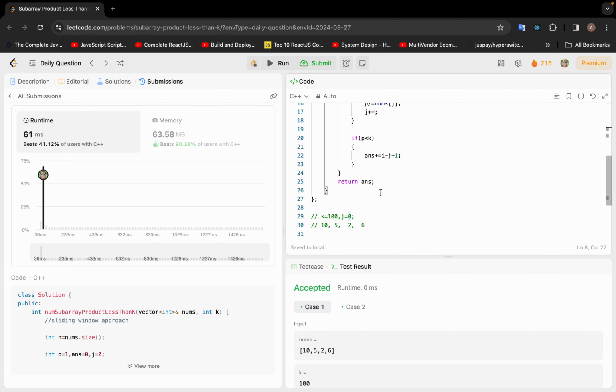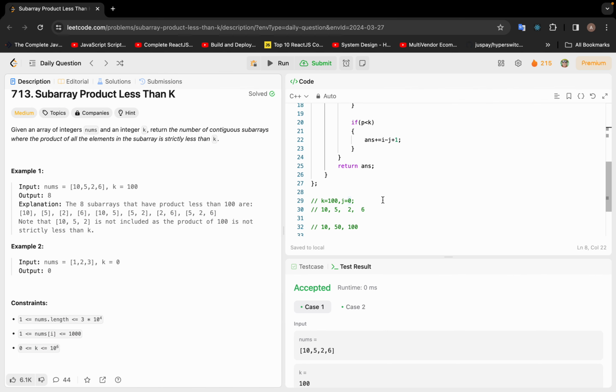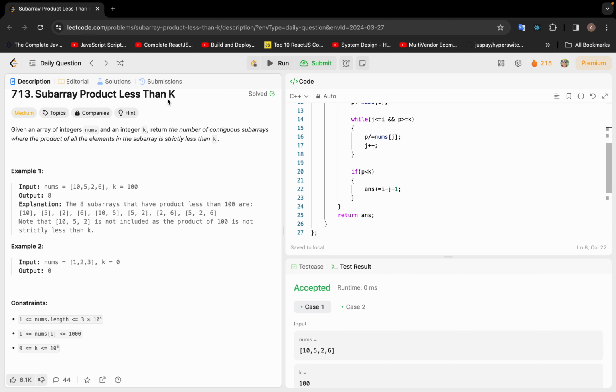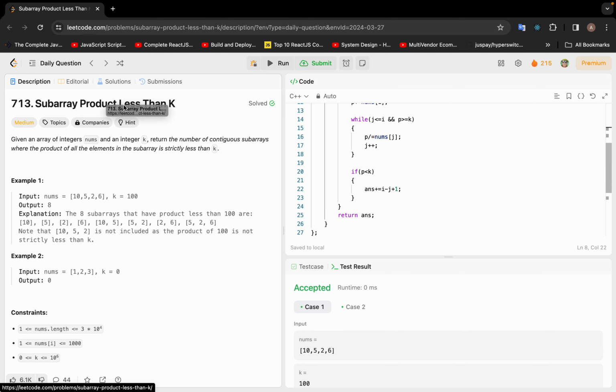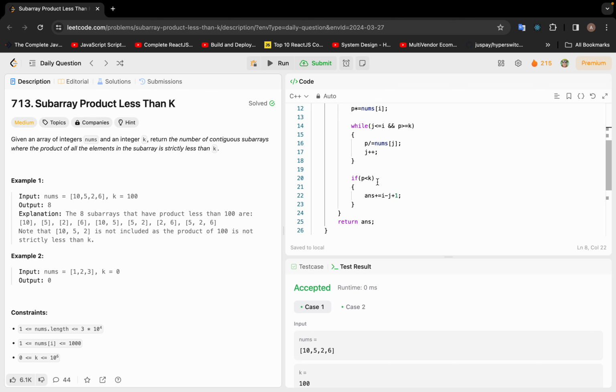So thanks. Hope you will also solve this problem. Suppose this is not given as less than k, it is given as equal to k. Then you will just check the condition that p should be equal to k, right. Otherwise you just need to see p less than k, right.